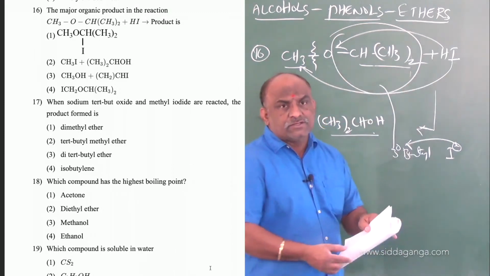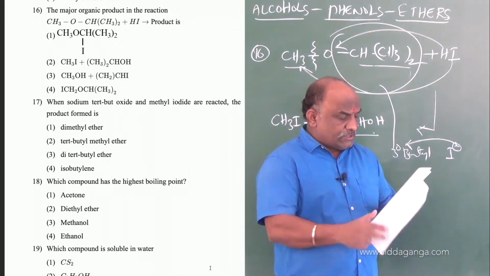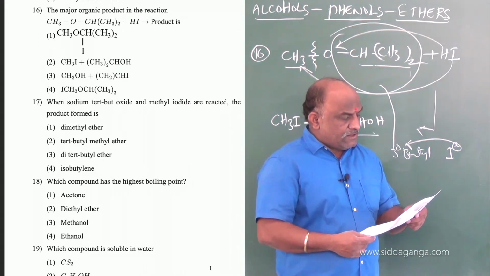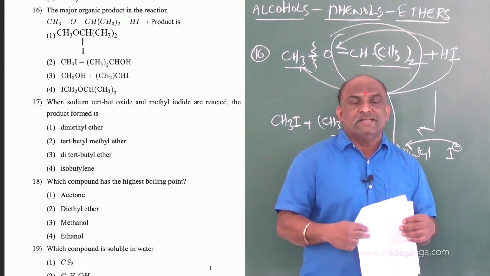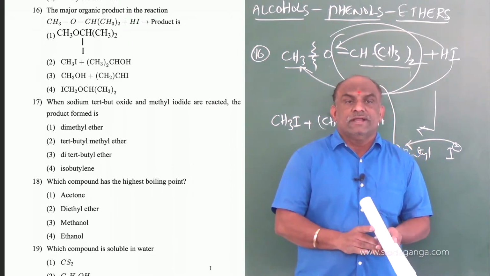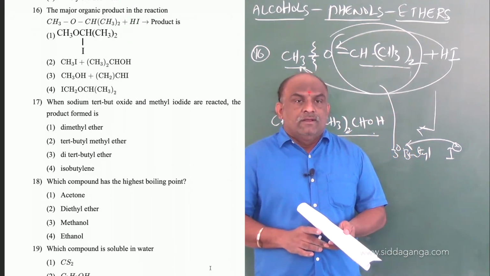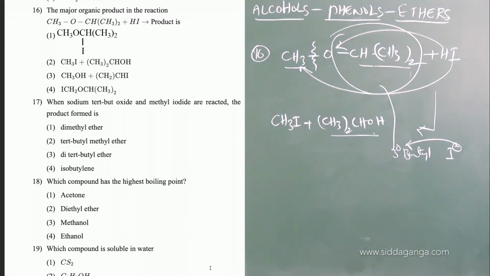So make a note and practice questions like this. For question number 16, the answer is option 2: CH3I plus CH3 taken twice CHOH, that is, methyl iodide plus isopropyl alcohol.